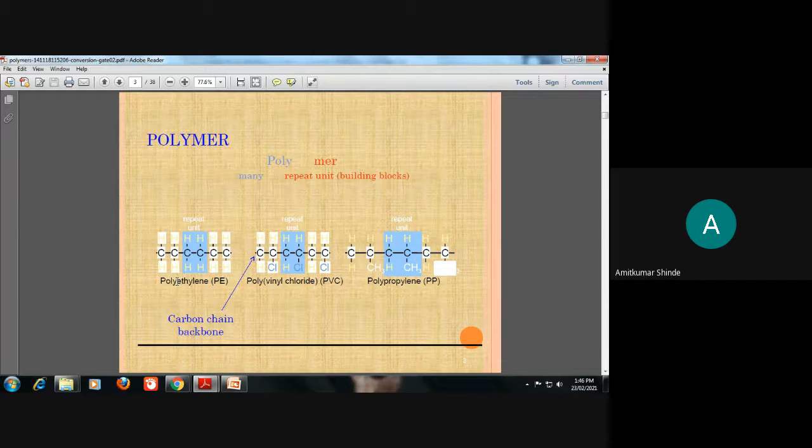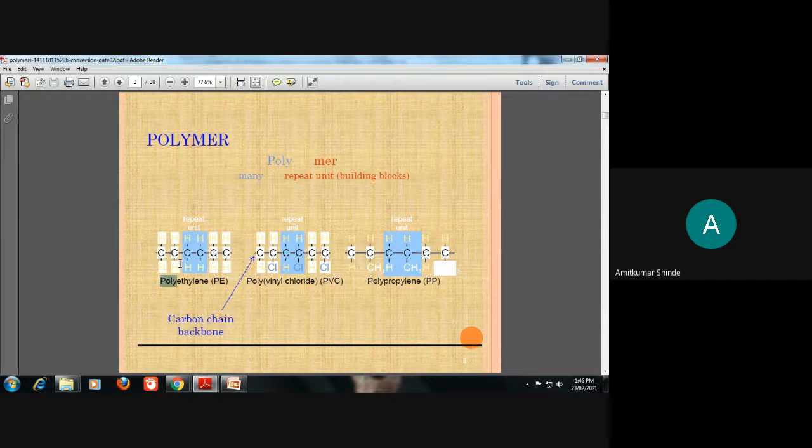Now if you break this, just forget the poly. This repeating unit is termed as ethylene. Poly means many, and a number of ethylene units will come together. This ethylene will be the monomer. Whichever repeating unit is present in this polyethylene material is nothing but the ethylene.